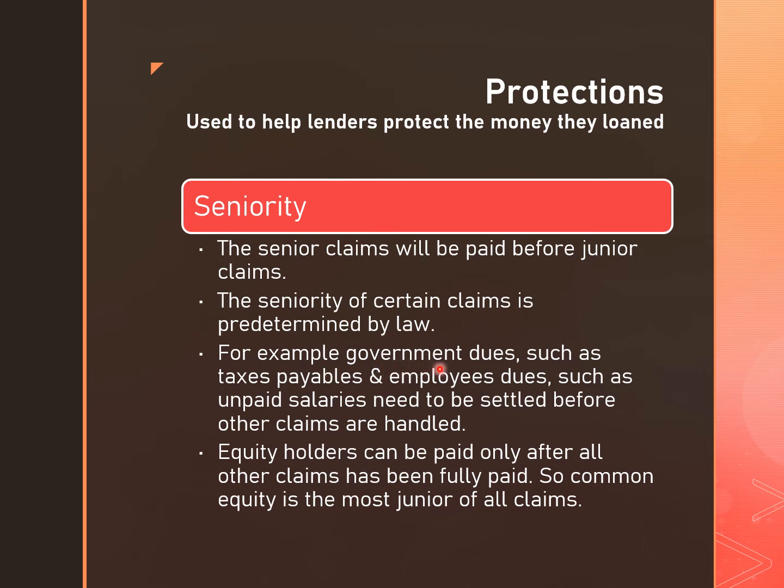Contoh macam the government due, macam tax payable ataupun employee dues, unpaid salary, kita kena settle yang tu dulu sebelum kita handle claim orang lain. So dia lagi senior. And the equity holder can only be paid after the other claims has been fully paid. So common equity holder ni sebenarnya adalah the most junior of all claims.